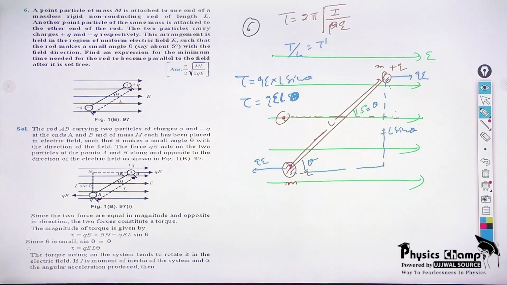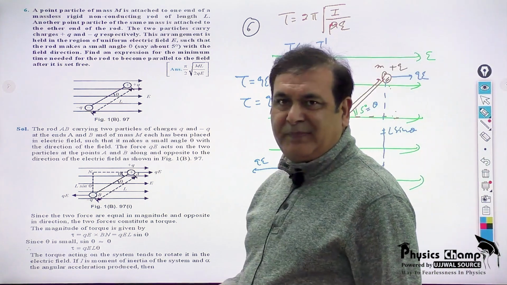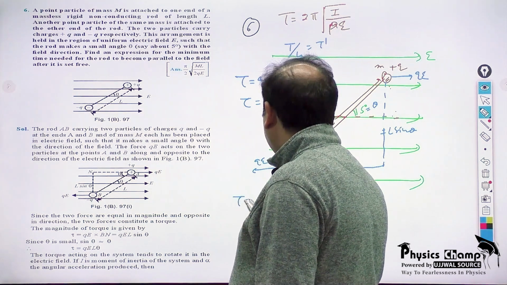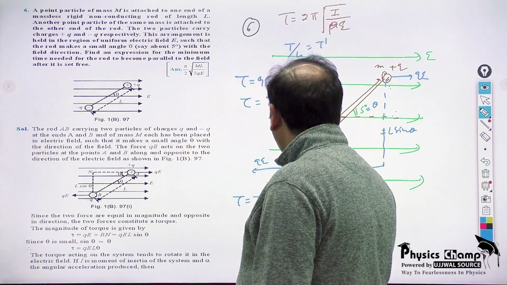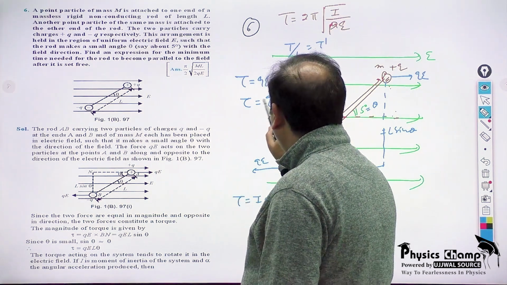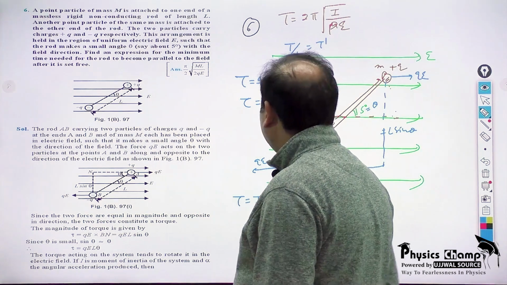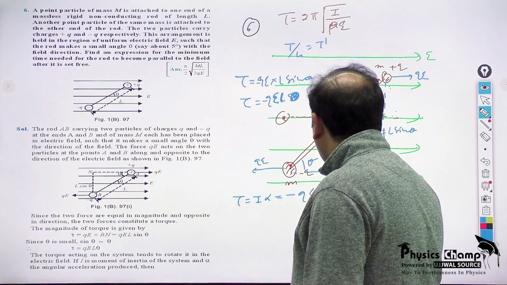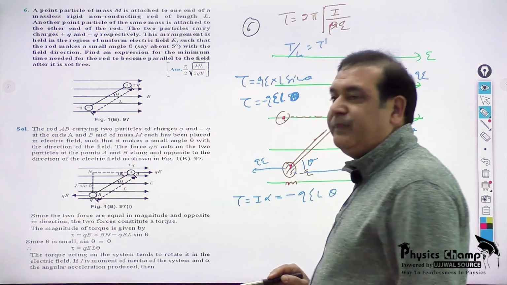So I have obtained the torque and I'll call it restoring torque. And restoring torque, you know, is also I alpha. And in fact, because it is restoring torque, I should call it minus, because it is bringing it back to its mean position. So it will be minus qEL into theta.